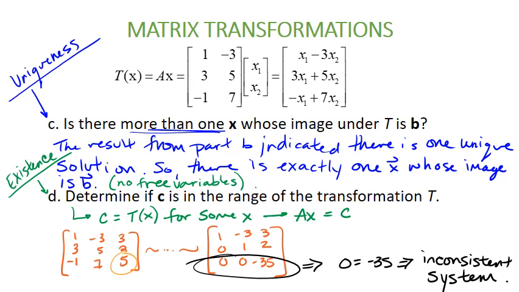So if we have an inconsistent system, we can conclude that C is not in the range of T. And that concludes part D.